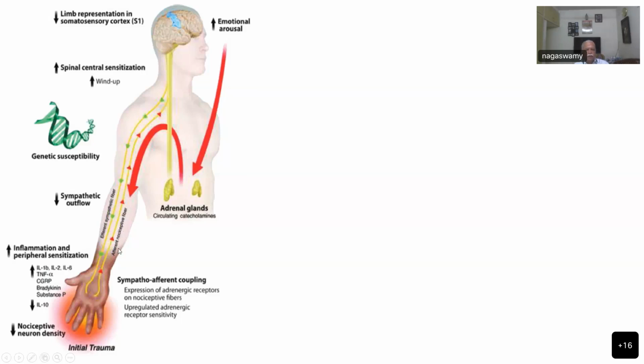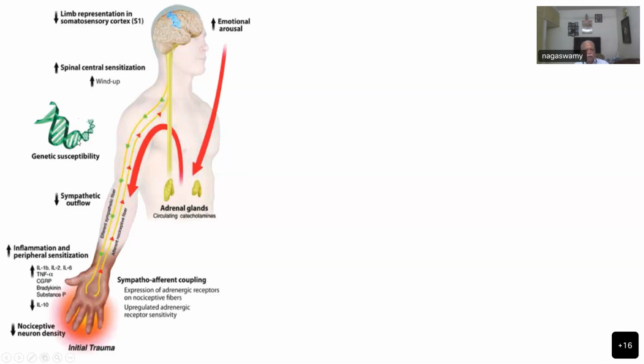Then over a period of time there is an alteration. This blue part shows that cortical plasticity occurs, and this results in emotional arousal, limb presentation with chromatosensory changes, spinal cord sensitization, and genetic susceptibility also plays a role.